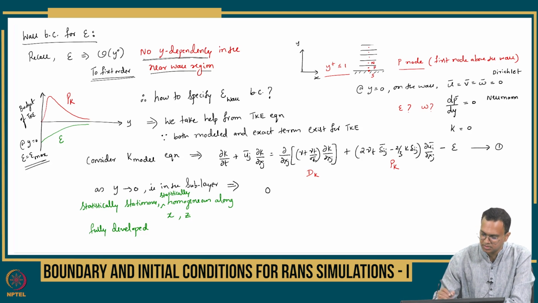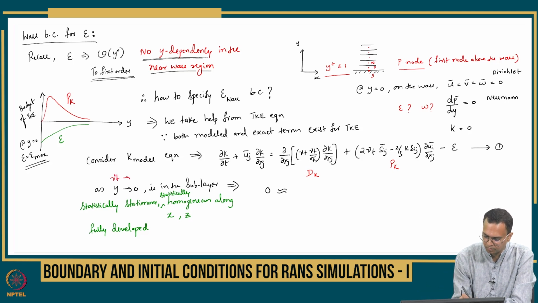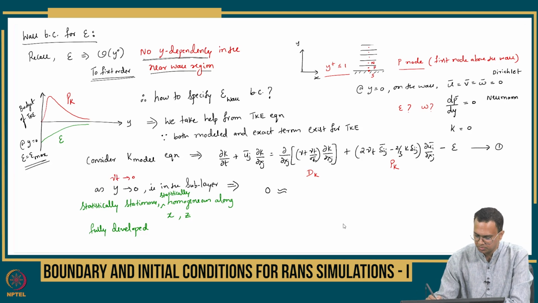So the entire left hand side is 0. As you approach the wall, I would use approximate here to first order. Nu t here, what will happen to nu t on the wall? Eddy viscosity on the wall is 0, right, k squared by epsilon, k goes to 0, eddy viscosity has to go to 0. As y tends to 0, eddy viscosity will be 0 here. Nu t also approaches 0.